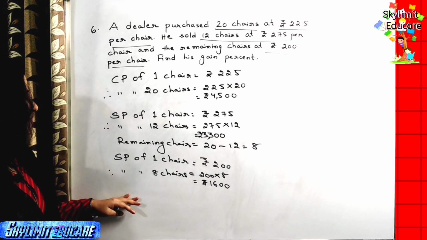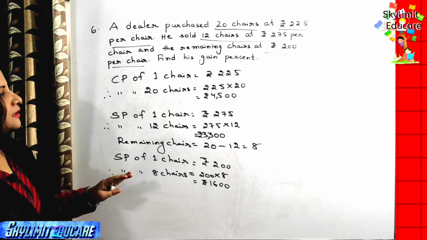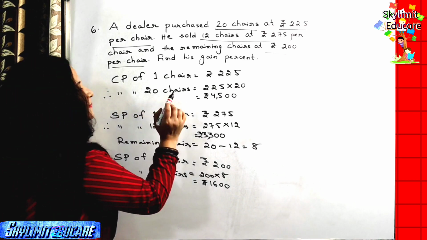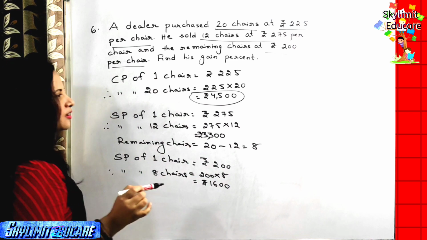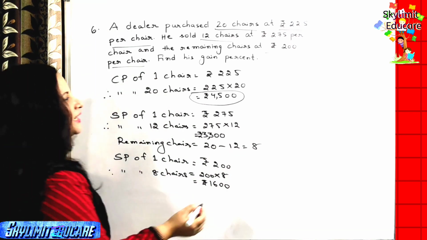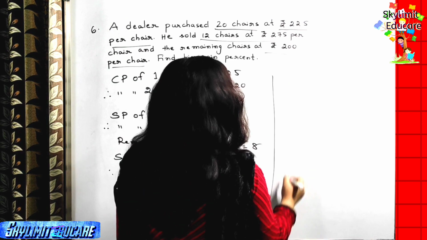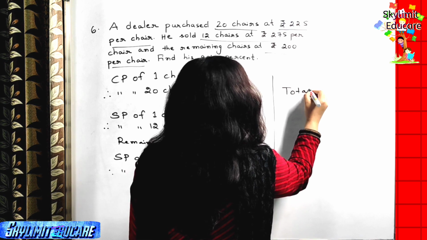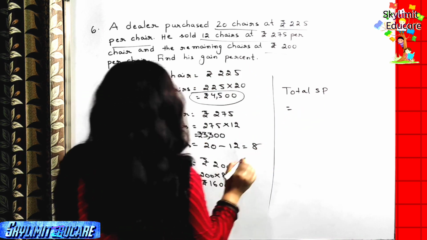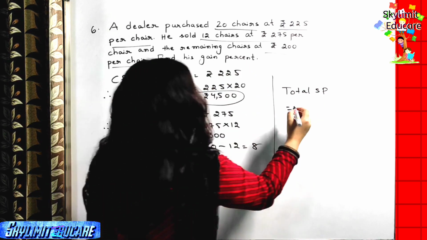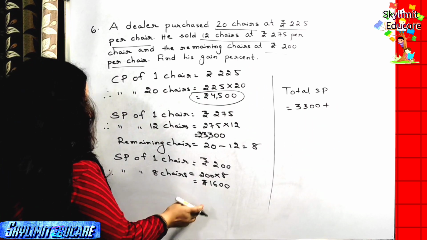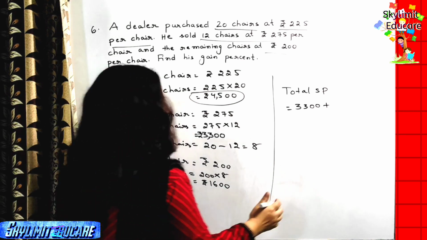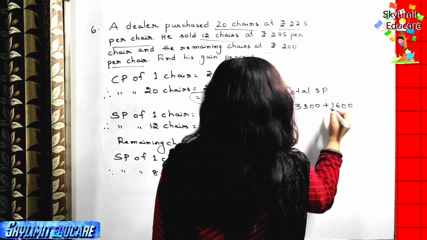Now we have to find out his gain percent. We already know the total CP, the CP for 20 chairs. So let us find out the total selling price. For the first 12 chairs he received 3,300 plus for the remaining 8 chairs, 1,600 rupees.